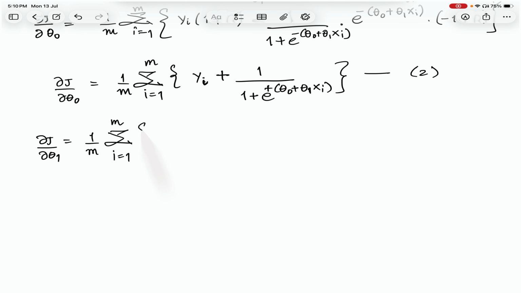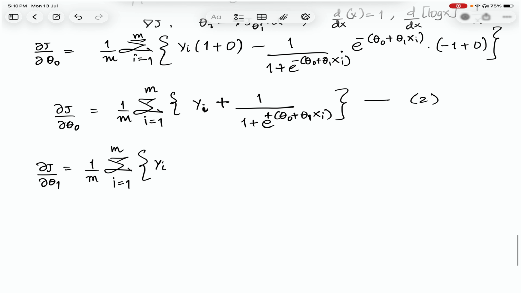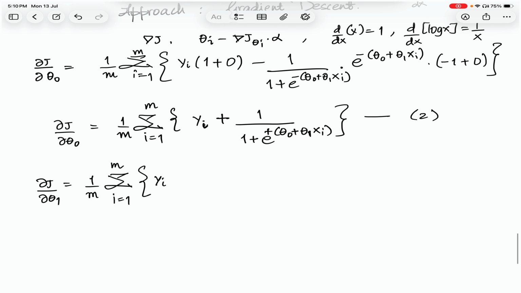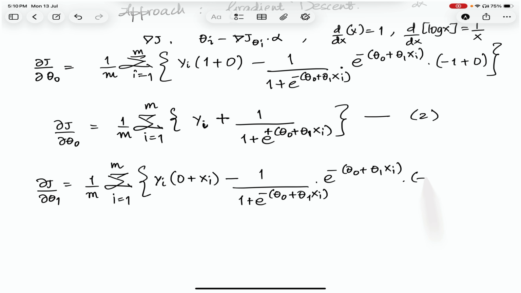You should have yi and 0 plus xi times minus 1 over 1 plus exponential negative theta 0 plus theta 1 xi times exponential negative theta 0 plus theta 1 xi times minus 1 times 0 plus xi.